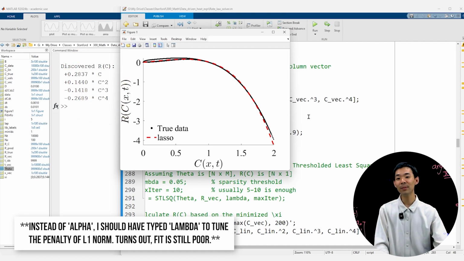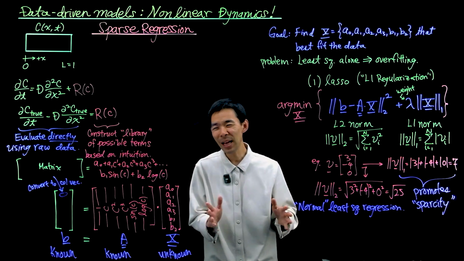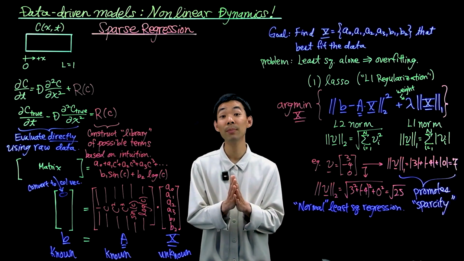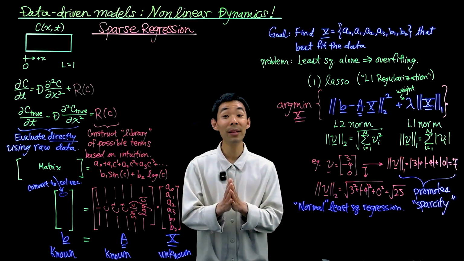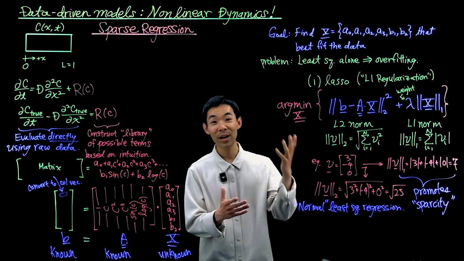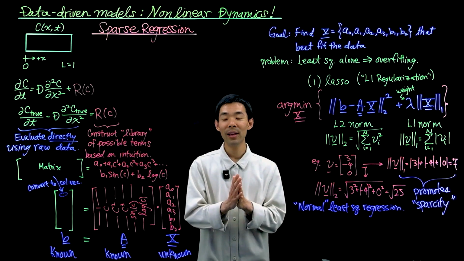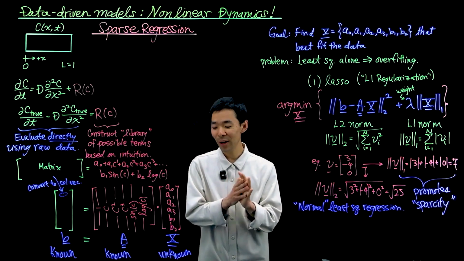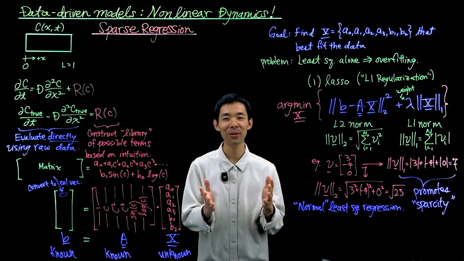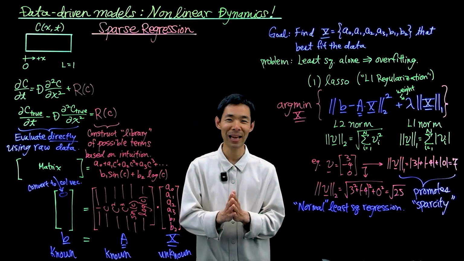So this is my experience with lasso. It sometimes does well, but oftentimes fails to provide a truly sparse model based upon data. So what I'm going to talk about next is a different type of sparse regression called sequential thresholded least squares. That approach ends up working much better. So let's talk about that sparse regression next.